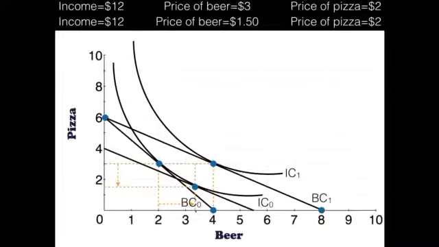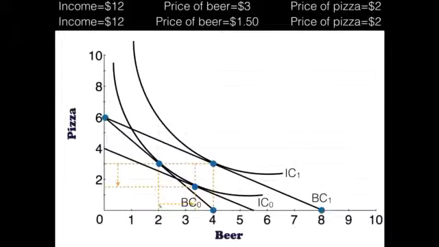So this illustrates the substitution effect. As the price of beer decreases, we're going to see a decrease in the consumption of pizza, because people are going to substitute away from pizza and switch to beer, because now beer is relatively less expensive compared to pizza under the previous price combinations that we talked about.